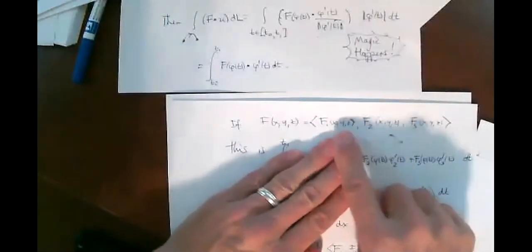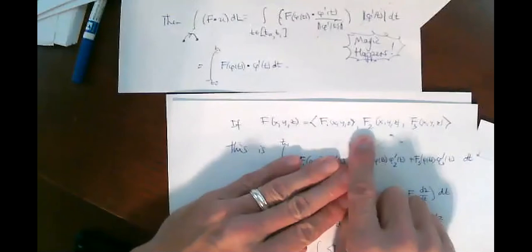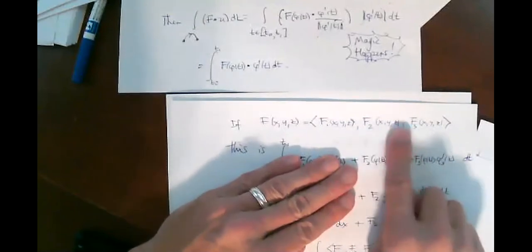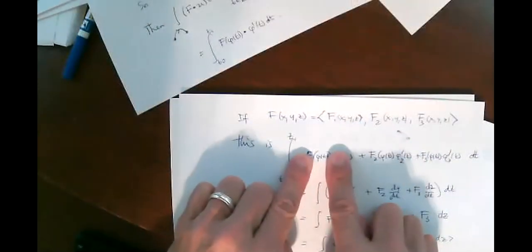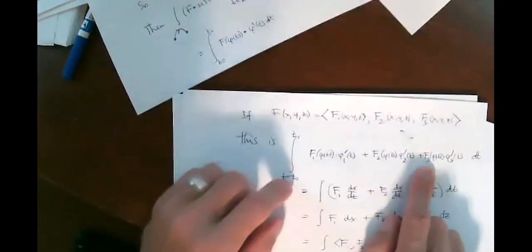If they actually write out the vector field for you as so many x's, y's, and z's in the first component, comma, a second component, comma, a third component, then this recipe asks you to replace all the x's and y's and z's by phi of t. You'll have to evaluate each one of these three functions separately.